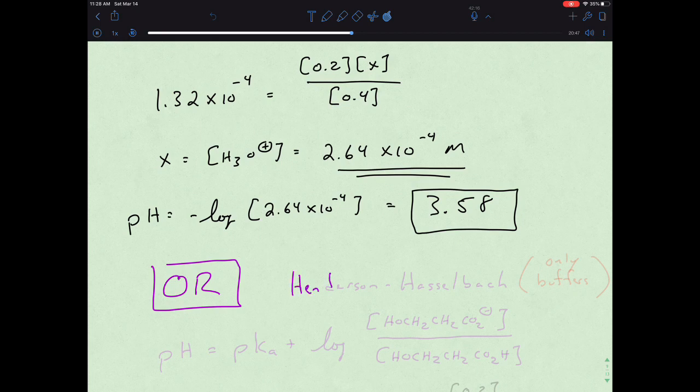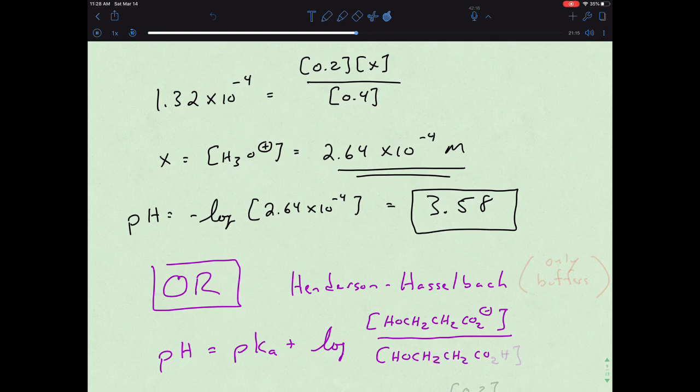So we could use instead the Henderson-Hasselbalch equation, meaning that our pH would be equal to the pKa plus the log of the concentration of my conjugate, in this case the conjugate base, glycolate, over my parent, in this case the parent acid, glycolic acid.